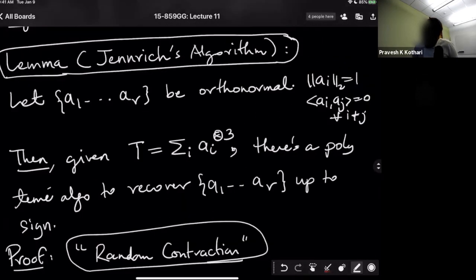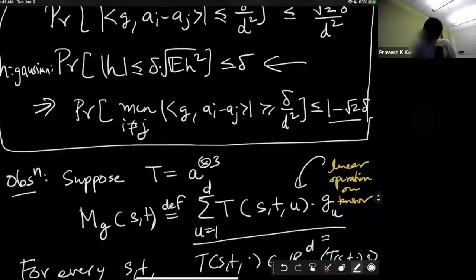Actually, before we go ahead, I want to briefly mention, though this is not exactly directly relevant to us, that you can actually extend Jennrich's algorithm to the case when components are not orthonormal. So here is a lemma.